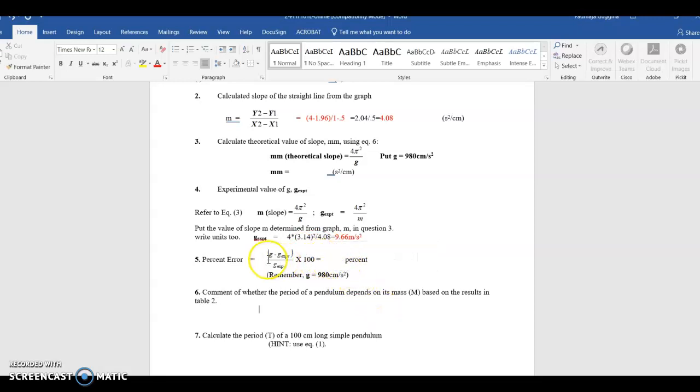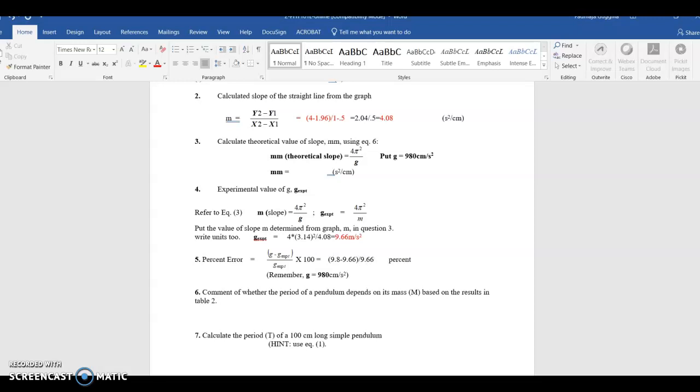So we need to find out how much that error percentage is. In order to find that out, we're just going to use this formula given right here: 9.8 minus 9.66 divided by 9.66.